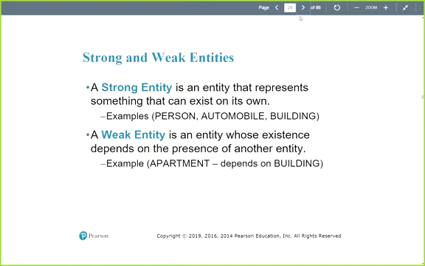It's standalone, independent, but again, this is relative. So you probably learn better from looking at an example. Building will be strong, apartment will be weak. Weak means that the weak entity usually depends on the existence of a strong entity. So an apartment cannot exist unless you have the building, right?